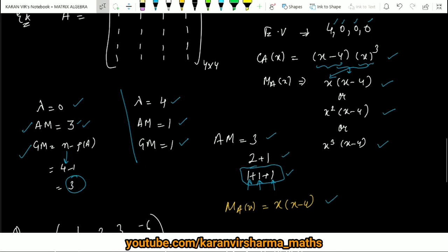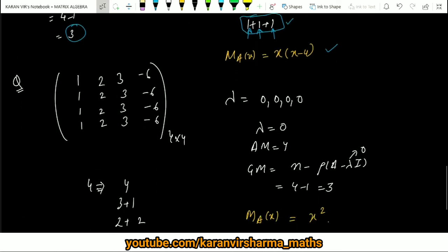Now let us understand this trick again with one more example. I have considered here a 4 cross 4 matrix. The eigenvalues corresponding to this will again be 0, 0, 0, 0. So for lambda equals 0, the arithmetic mean is 4. Now you can calculate the geometric mean, that is n minus rank of A minus lambda, which comes out to be 3. Now again, what is our task?